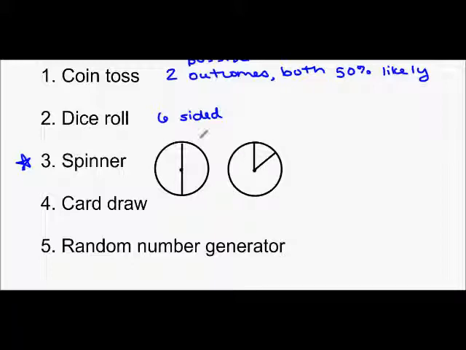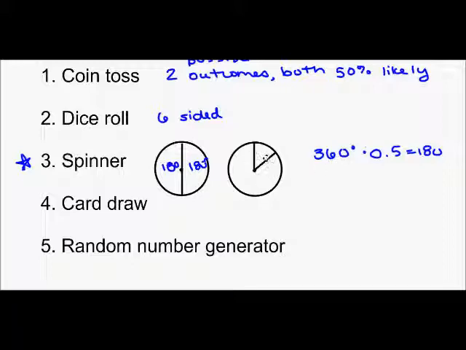Basically what you need to know about the spinner, if you're setting one up, is there are 360 degrees in a circle. So if you have 2 outcomes, 50% likelihood each, you multiply 360 by 0.5 and you get 180 degrees. So this would be 180, and this would be 180 degrees.